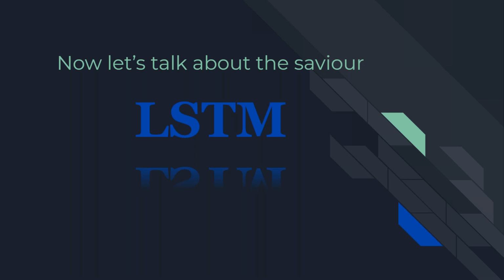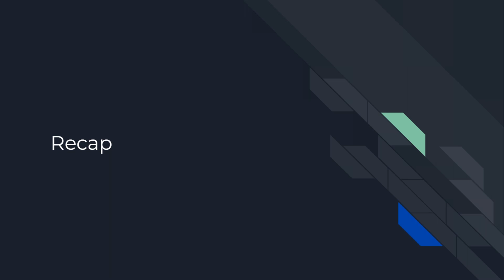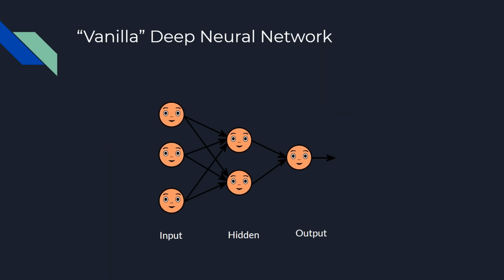But to explain the concepts of LSTM, I will recap the basic concepts of a deep neural network. What's a simple deep neural network model? A simple deep neural network model is nothing but multiple layers, right?